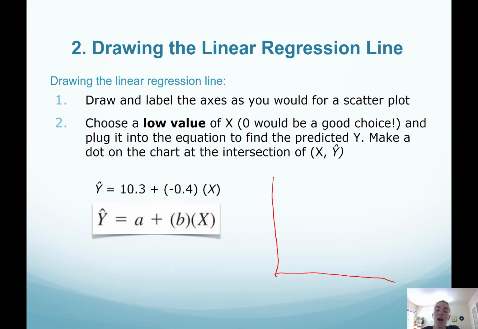Okay, now for the fun part, let's talk about how to draw the regression line. First, let's draw our two axes. And we'll label those axes as we would for a scatter plot. But here, it's important that we put the x variable along the x-axis and the y variable along the y-axis. So our x variable is our predictor variable. That is self-esteem.